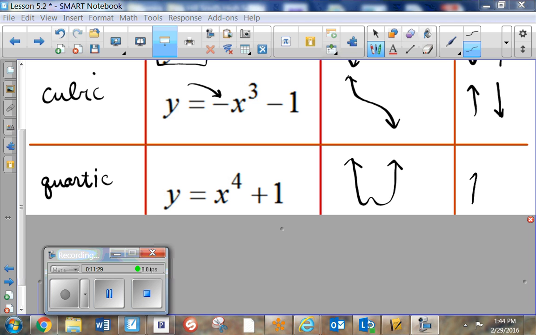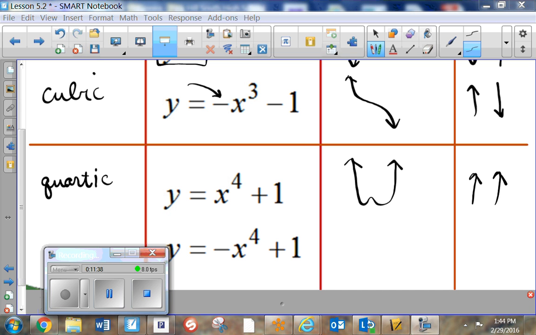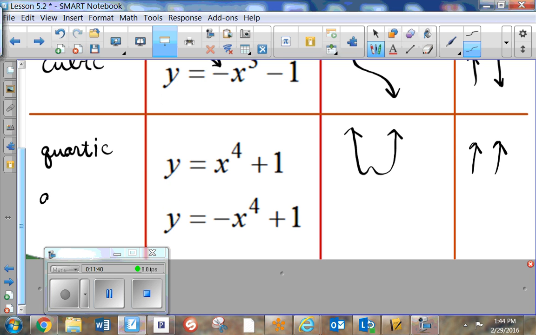So yeah, we've got up. And knowing what you know about parabolas, what do you think's going to happen when we stick a negative in front of that? It's just going to flip right over the x-axis. Exactly right. It either ends up being kind of a W or an M.